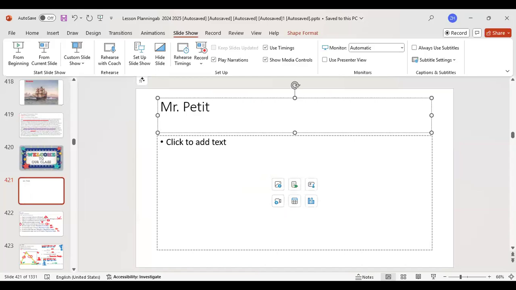So we have the specific date. Today is Monday, Tuesday. Tuesday the what? Tuesday the 14th. The 14th of what? October 2025. The subject is, of course, mathematics.